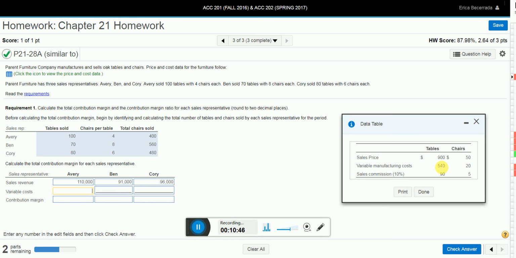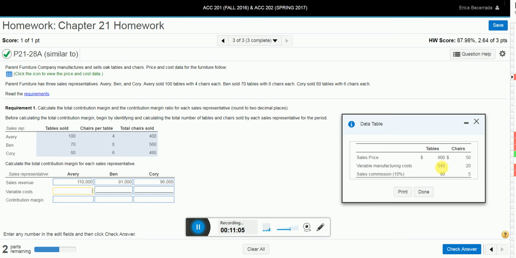Okay, and now for Corey, his sales revenue is $96,000. We're going to multiply that by 10%. And we get $9,600 as his variable commission cost.